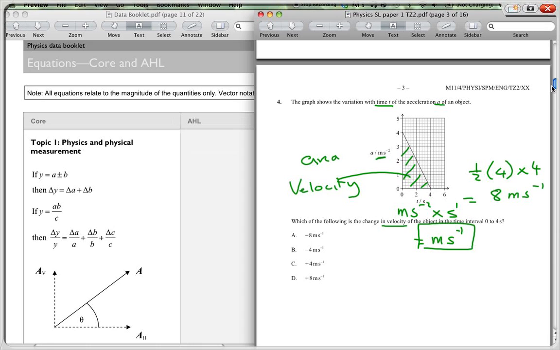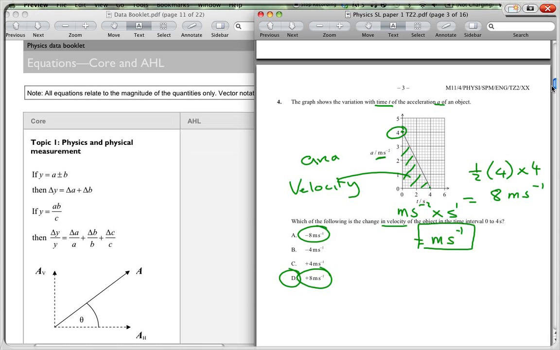Now we've got 8, and it's just to decide whether this is going to be negative 8 or plus 8. When it starts off, it starts with a positive acceleration of 4, and that drops down to 0. So your change in velocity will therefore also be positive.